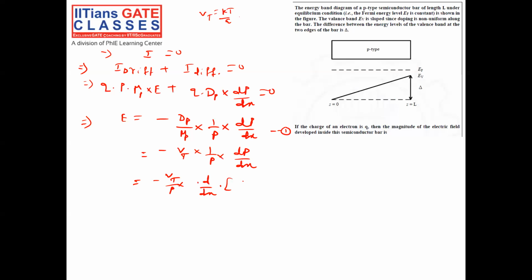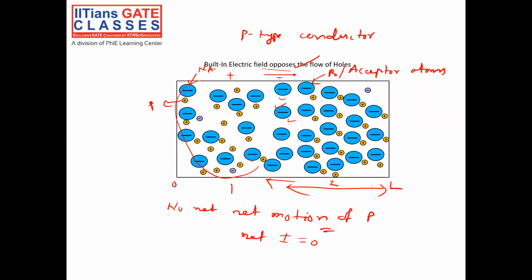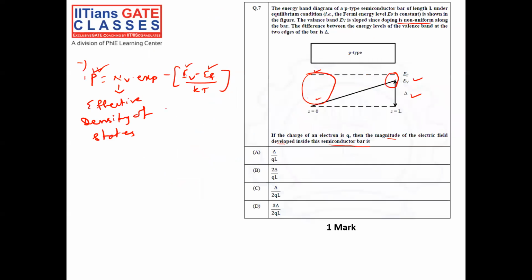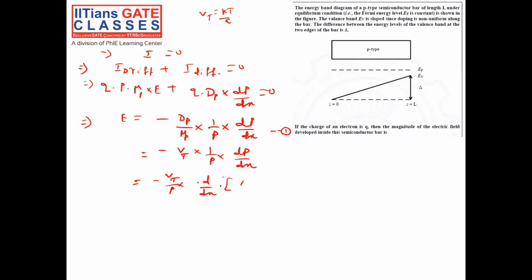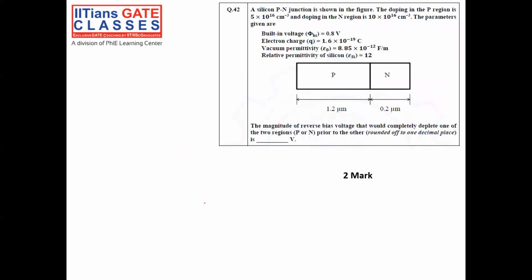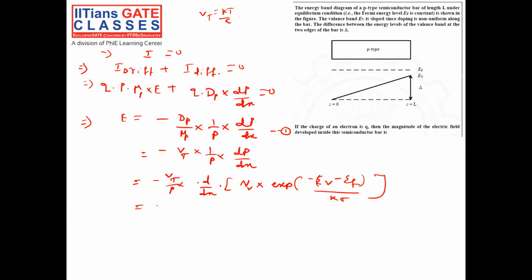What is p? p is nothing but, as I already mentioned, Nv into exponential of minus (Ef minus Ev) by kT, right? So if I have to take the derivative, how much will I get? Minus Vt by p.